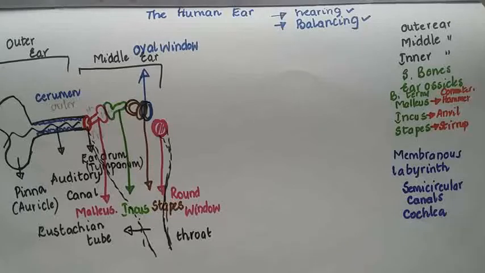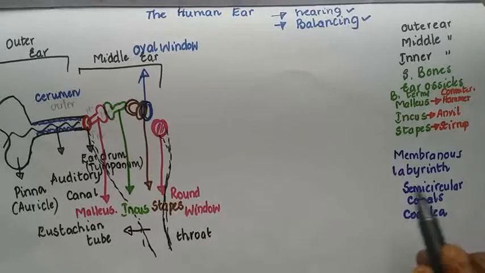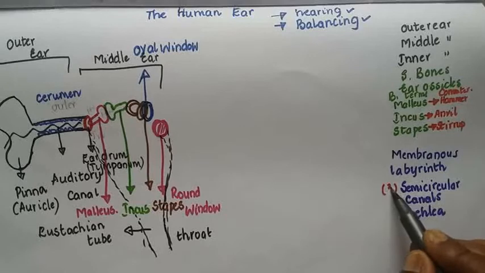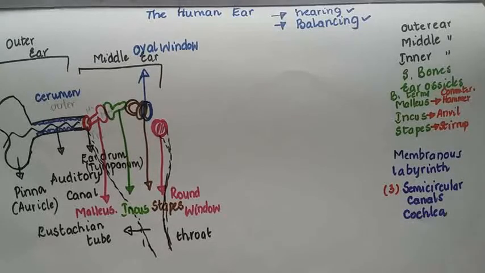Now let us learn about the semicircular canals. In the upper portion of the membranous labyrinth, we find three semicircular canals which are at right angles to each other.